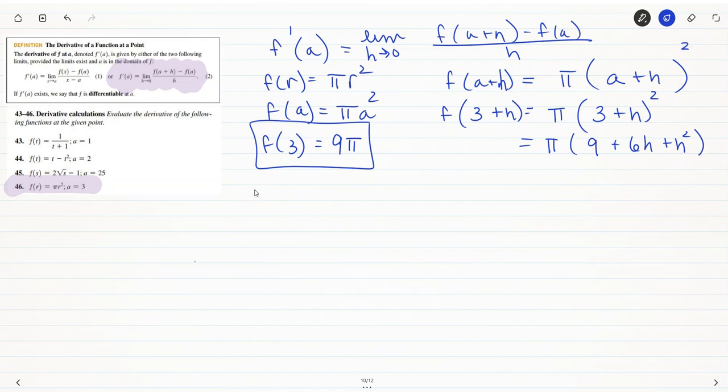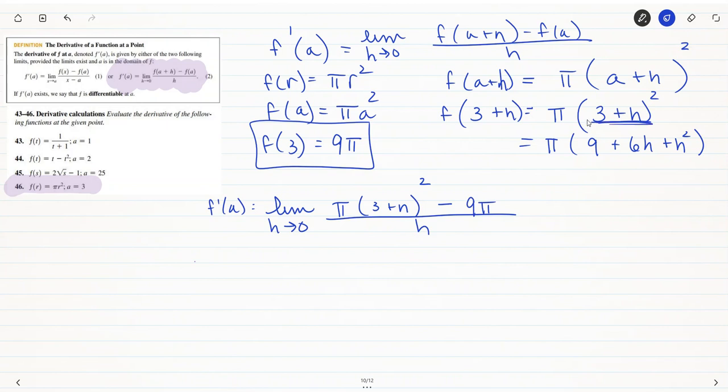Let me work that out for you. The derivative at a is going to be the limit as h approaches 0 of f of 3 plus h, squared, minus f of 3, all over h. If I multiply 3 plus h times itself, I use the factoring pattern.